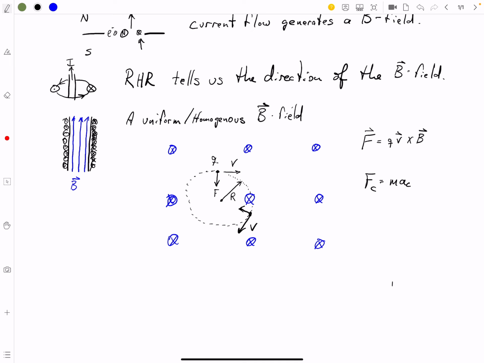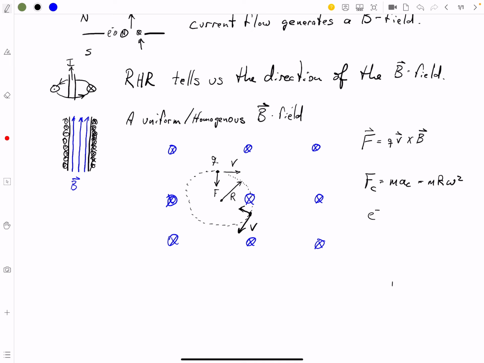And there's all kinds of stuff that comes out of that, like tons of equations. Let's say our Q minus is an electron. And MAC is M, big R, omega squared.